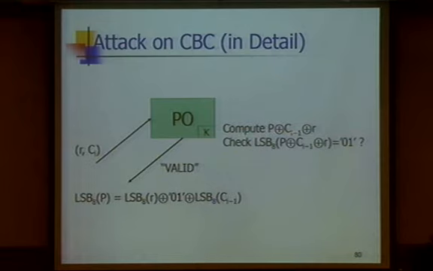And then it will check whether the least significant byte is equal to 1, because of the CBC padding rules. If the least significant byte is equal to 1, then the padding oracle will give a valid message to the attacker, and then the attacker can finally decrypt the last 8 bytes of the plaintext by using these equations.